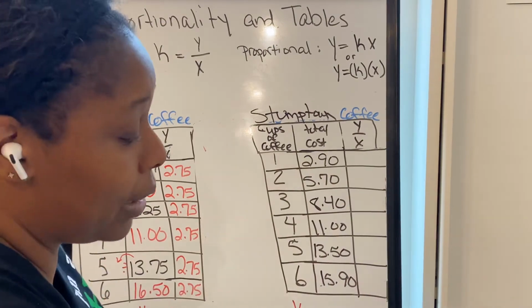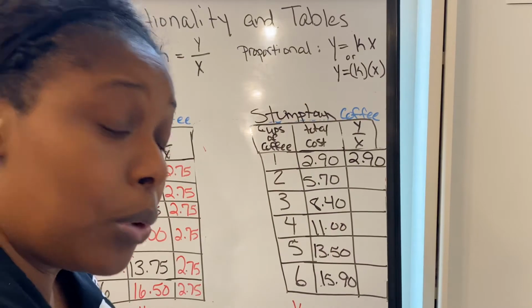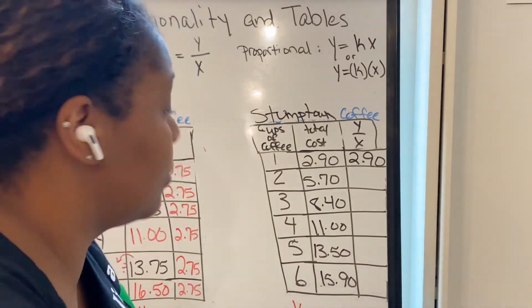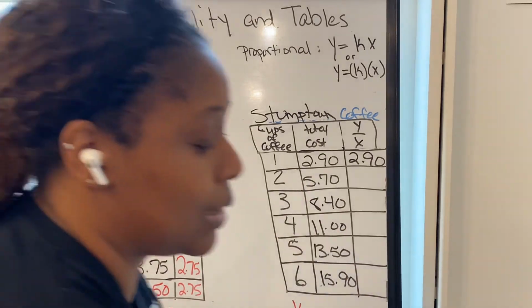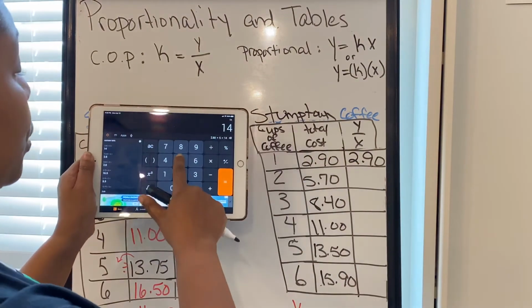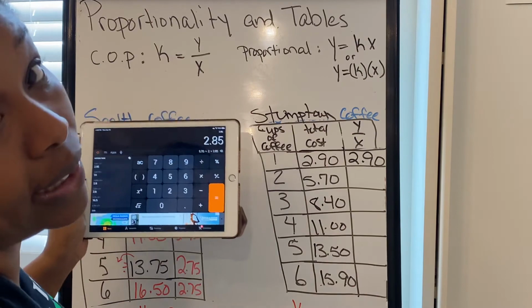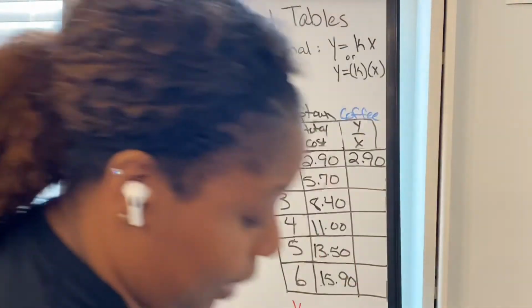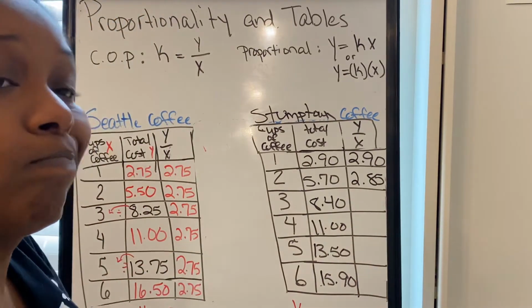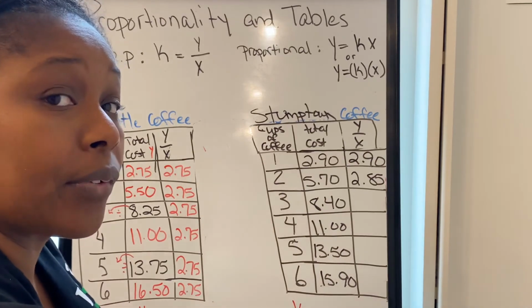$2.90 divided by 1 is going to give you $2.90. Remember, 1 times anything and 1 divided by anything is itself. $5.70 divided by 2. Now, I already know what this is in my head, but I'm going to show you. $5.70 divided by 2, $2.85. $8.40 divided by 3.